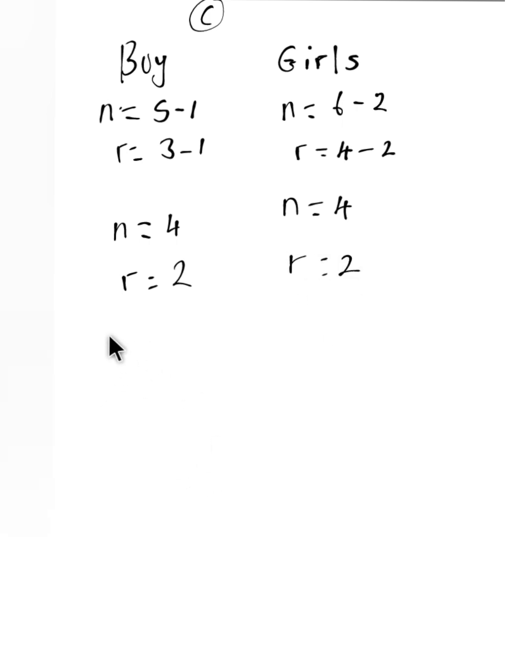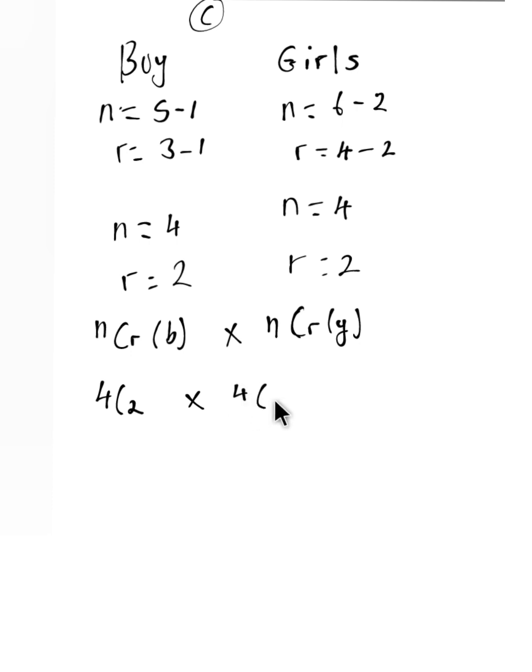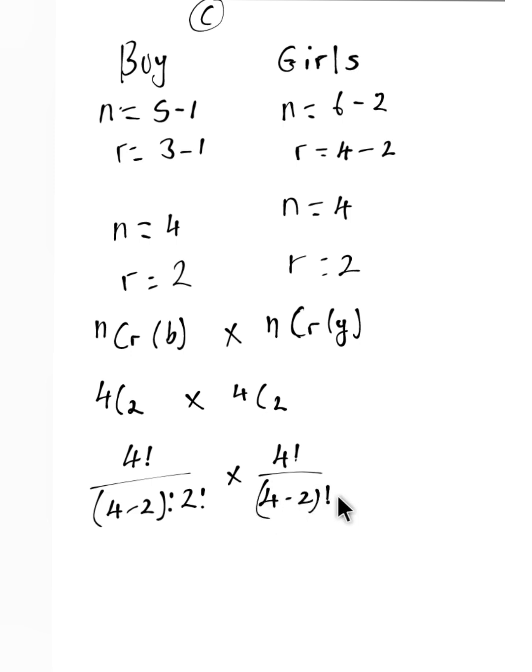So if we solve them, we have n combination r of boys times n combination r of girls. So for boys, it becomes 4 combination 2 times 4 combination 2. This is 4 factorial over 4 minus 2 factorial times 2 factorial, times 4 factorial over 4 minus 2 factorial times 2 factorial.